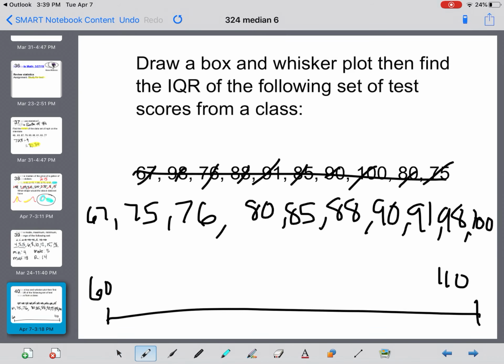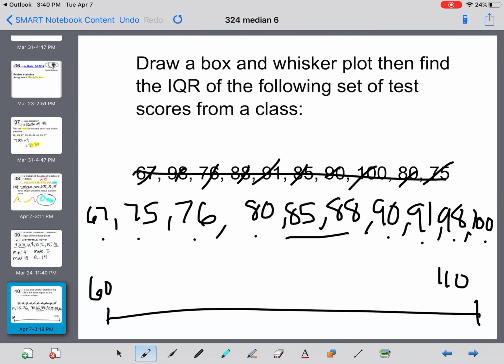So now what we need to do is find the median. So we're going to cancel out the farthest edges. All right, so we're going to be between 85 and 88. Well, 85 and 88, there's a difference of 3 there. Half of 3 is 1.5, so I'm going to take 1.5, add it to 85, so I'm going to have 86.5.